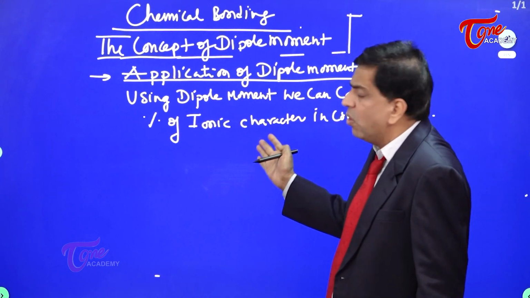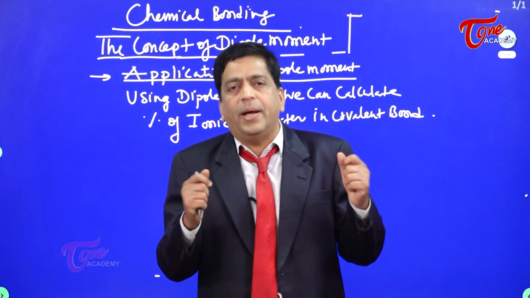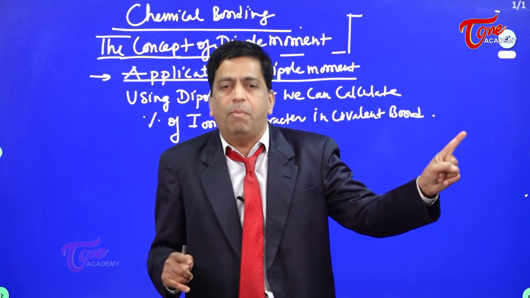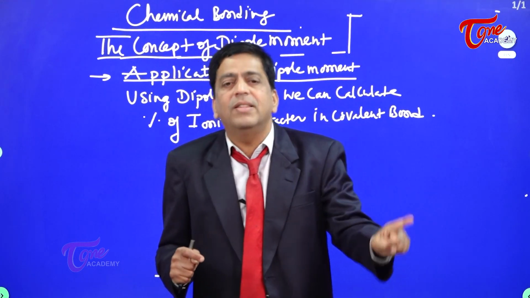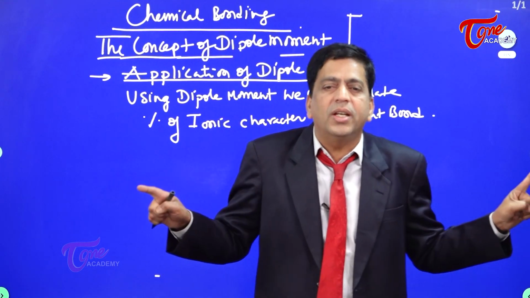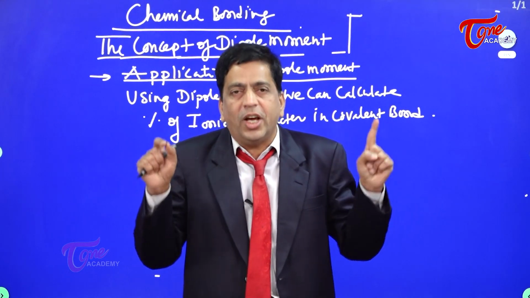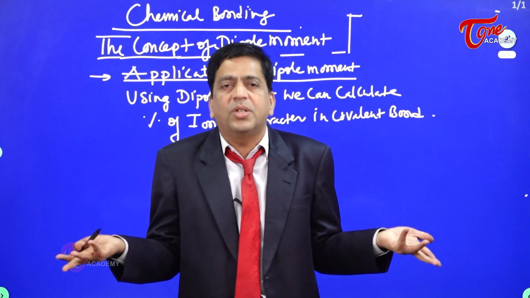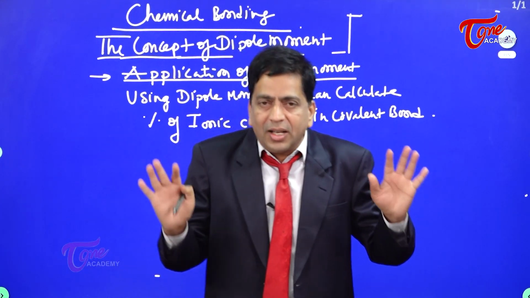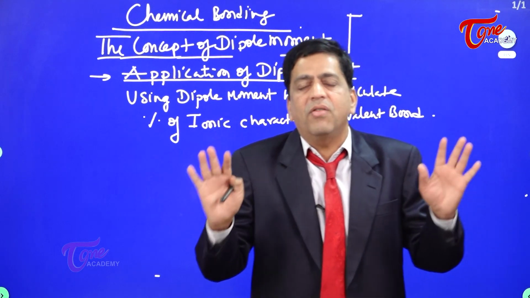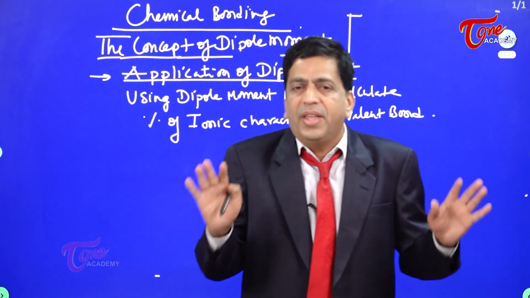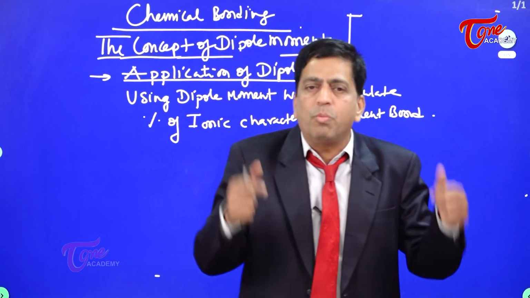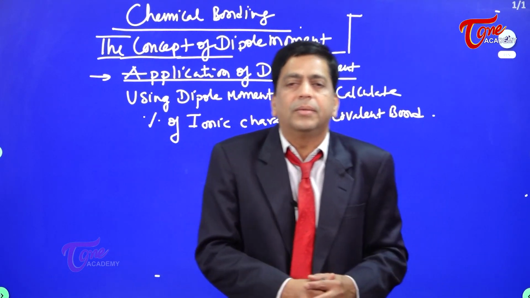What is this question about? It says that using dipole moment, we can find out ionic character in a covalent bond. So we are still in the covalent bond only. We are not discussing any ionic bond here. We are discussing just covalent bond. If you are asked to pick a 100% covalent bond, you must pick two non-metals which are similar.